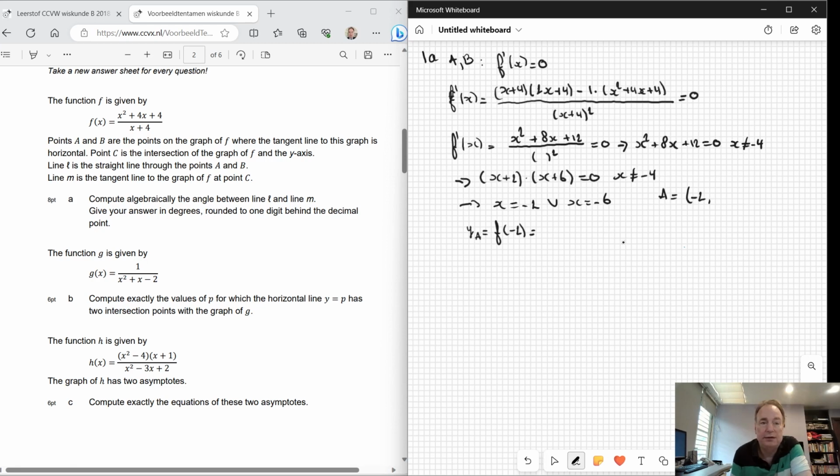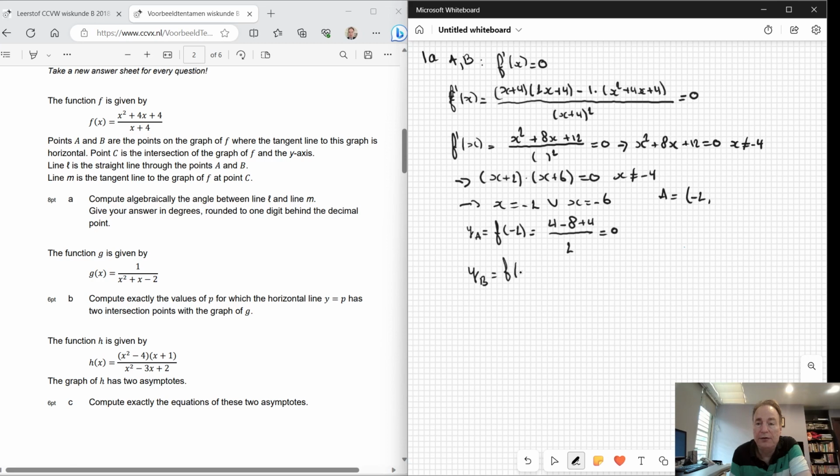That is minus 2 squared is 4, and minus 8 plus 4, divided by x plus 4, which is minus 2 plus 4, which is 2. Well, you get 0. And let's also do y B.